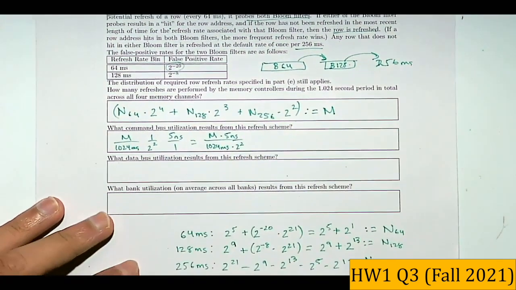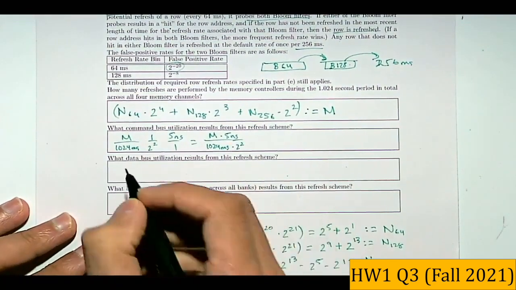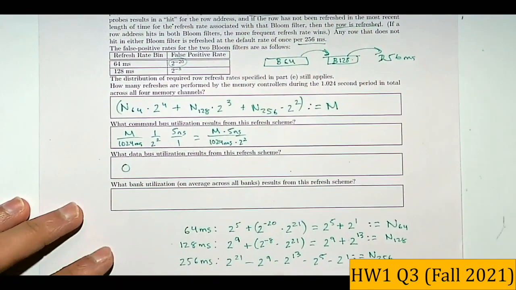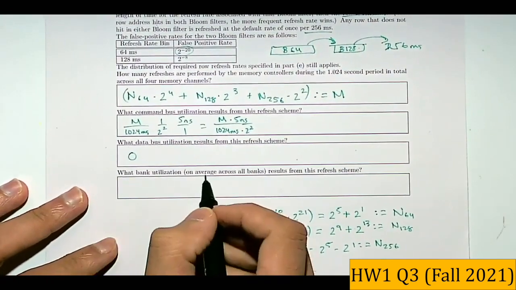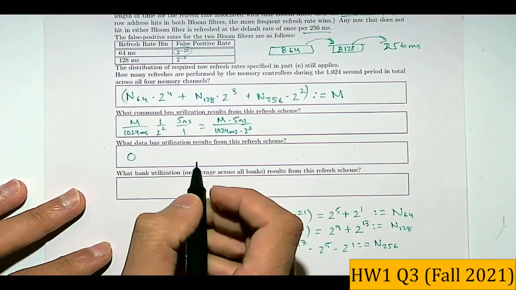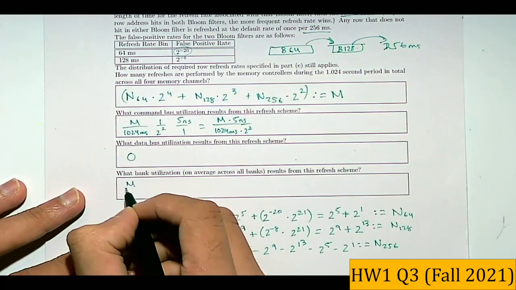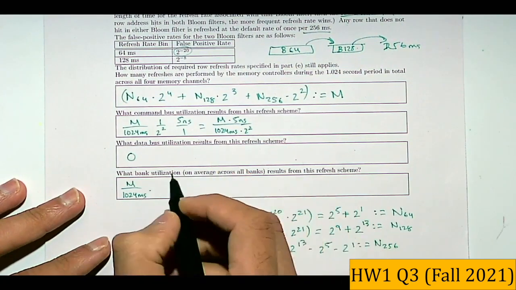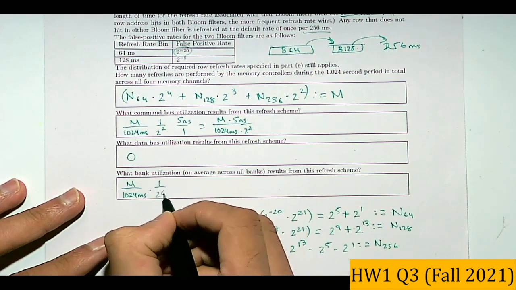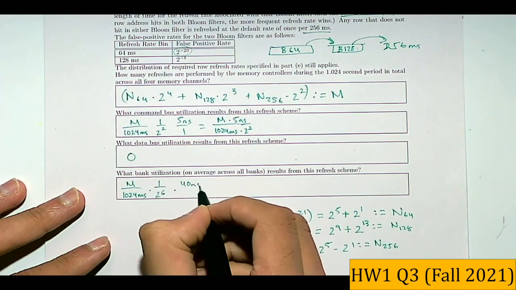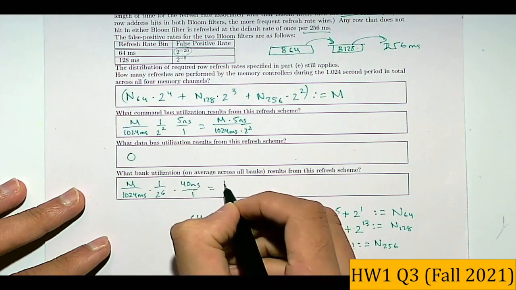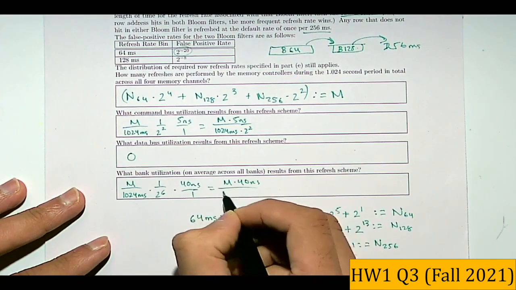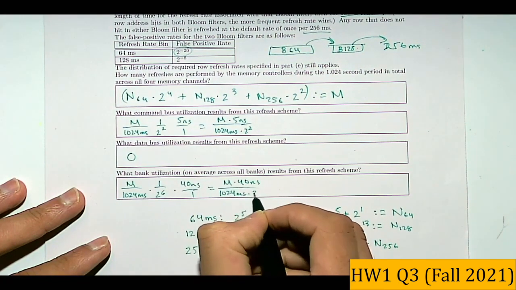For data bus utilization, again, we don't touch the data bus for this scheme, so it's still 0. And for bank utilization, same sort of thing as before: we have M operations per 1024 milliseconds, with 2 to the 6 banks and 40 nanoseconds per refresh operation, so M times 40 nanoseconds over 1024 milliseconds times 2 to the 6.